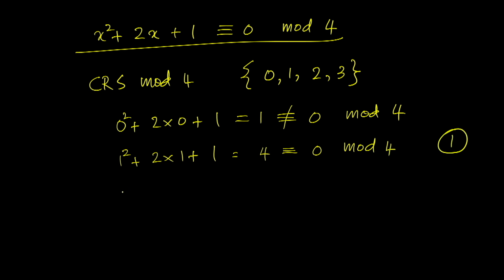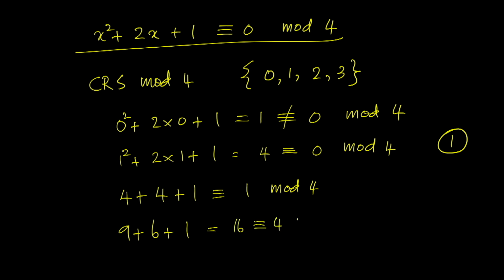If you put 2 in, we have 2 squared, which is 4, plus 2 into 2, which is 4, plus 1. So, that is 8 plus 1, 9, which is 1 mod 4. So, this is not a solution. When you have 3 into 3, 9, 2 into 3, 6, plus 1, which is 16, which is 0 mod 4.